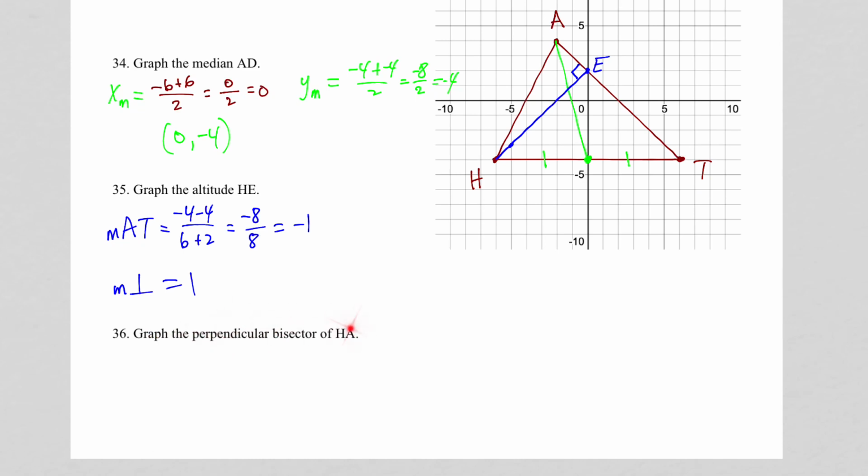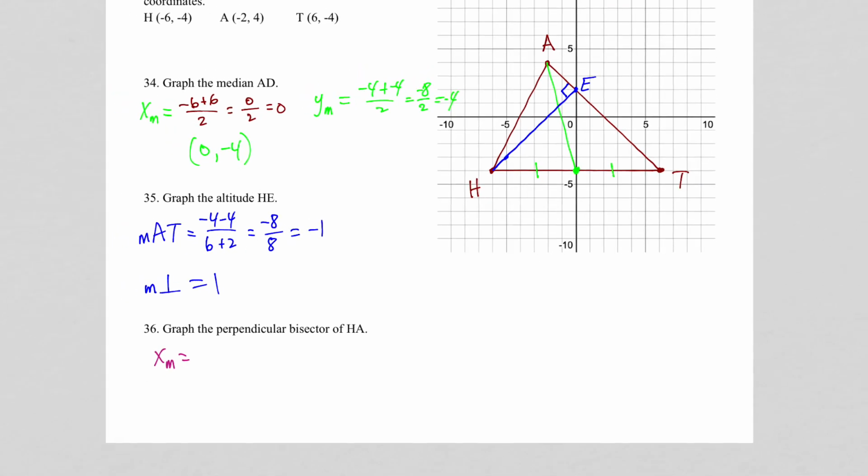Okay, the perpendicular bisector of HA. So this is HA. I need to have something come through this. So I first need to know the midpoint of HA. It looks like it's right there, but let's do this mathematically. The x value of this midpoint, now I'm talking about H and A, is negative 6 plus negative 2 over 2, which is negative 8 over 2, which is negative 4.